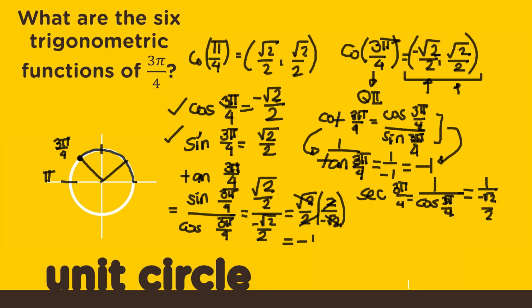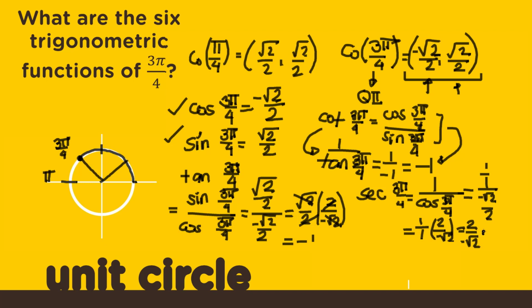Oh my god, I guess I don't have much space, but I have to try the rest. So this is 1 over 1. You can write it like that. So keep change flip method again. Keep, change, and then you flip this. 2 over negative square root of 2, right? So that's simply 2 over negative square root of 2.